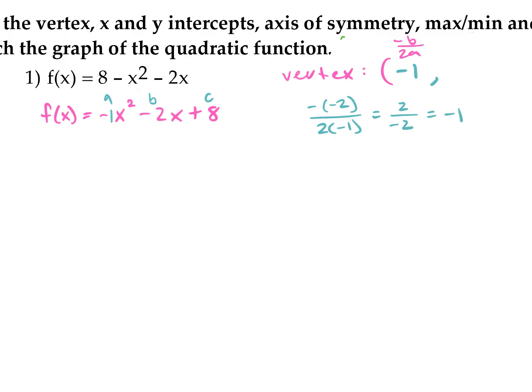How do we find the y in our vertex? Plug it in. So we're going to plug in the x to find our y. So this is our x in our vertex, negative 1. I'm going to plug it into the x's in my original function. So we have negative 1 squared minus 2 times negative 1 plus 8. Be careful with the order of operations here.